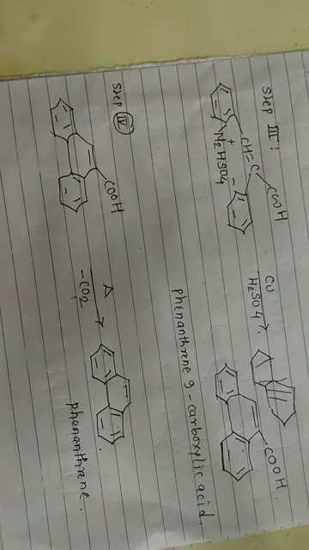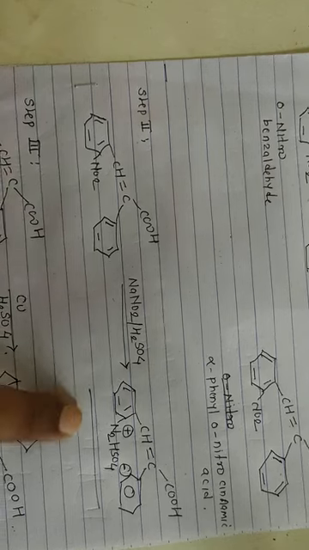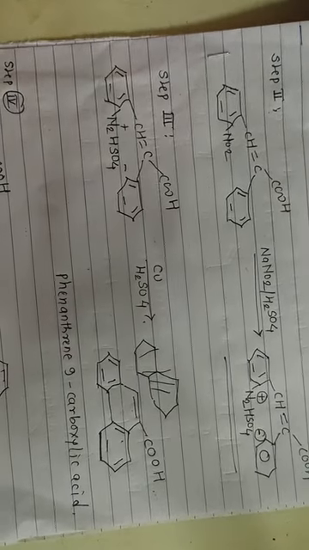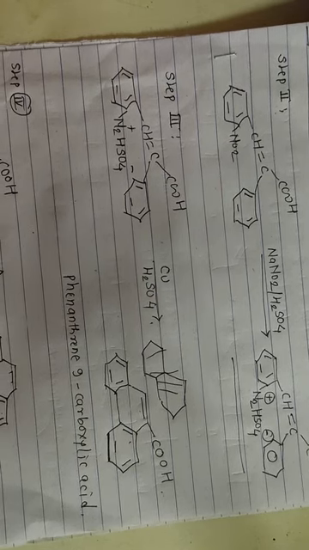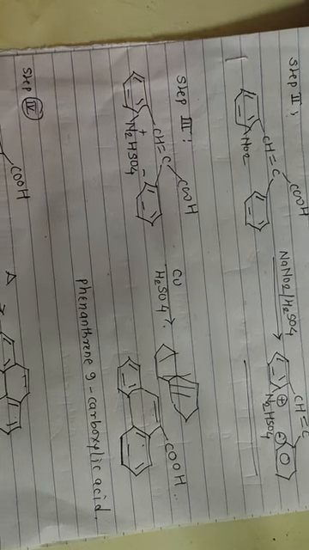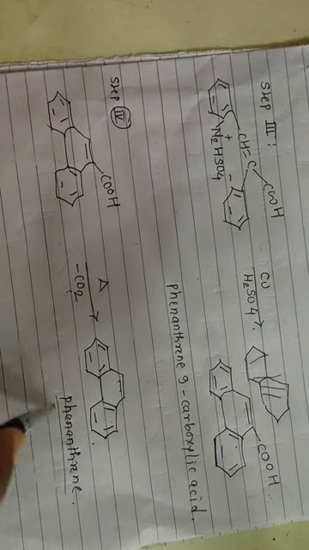In step fourth, the steps are explained one by one: step 1st, step 2nd, step 3rd, phenanthrene 9-carboxylic acid, which on strong heating, that is decarboxylation, gives the main product, phenanthrene.